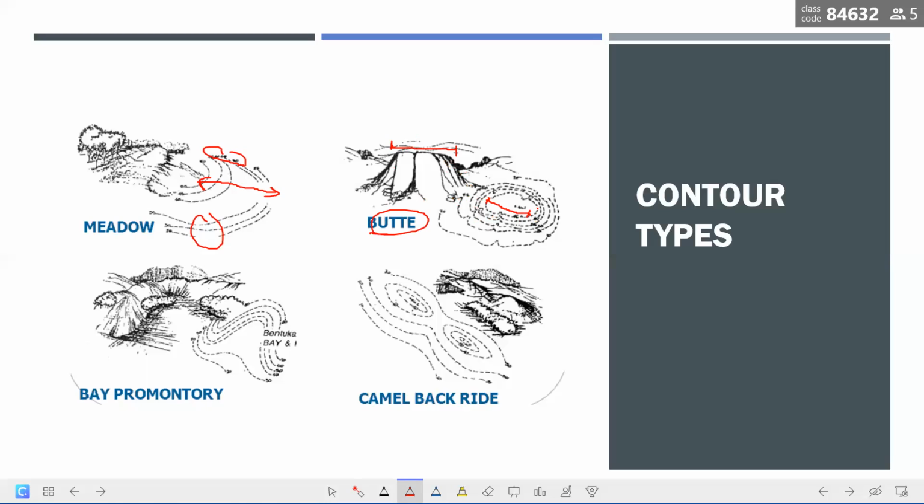And where the contour lines are very closely spaced, then the actual land formation itself is pretty steep, and then it goes out into the meadows or into the surrounding areas like so.